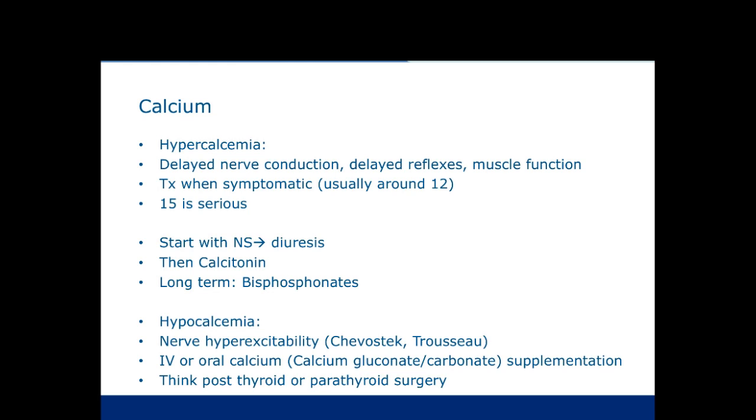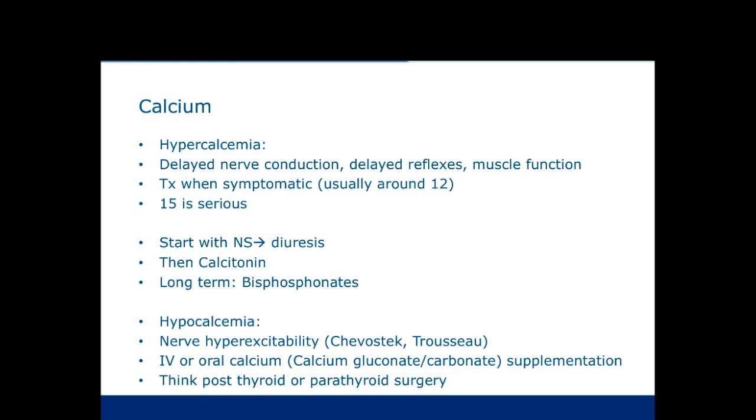Let's talk about calcium, hypercalcemia. So think about a high calcium level. If you have elevated calcium, your nerve function is low, so everything is going to be slowed. If you have low calcium, your nerves are going to be excited, so everything's going to be high. So it's very opposite. With hypercalcemia, you have delayed nerve conduction, delayed reflexes, and low muscle function. You're usually symptomatic around a level of 12. 15 is very serious.